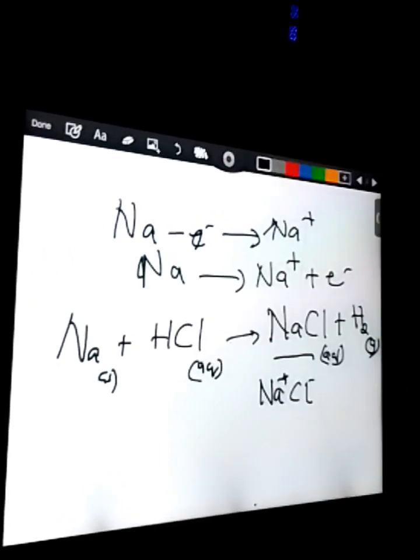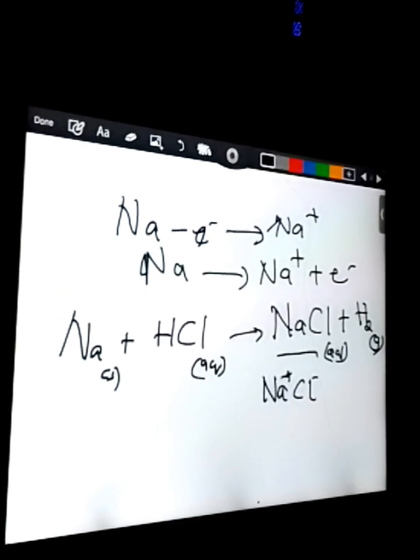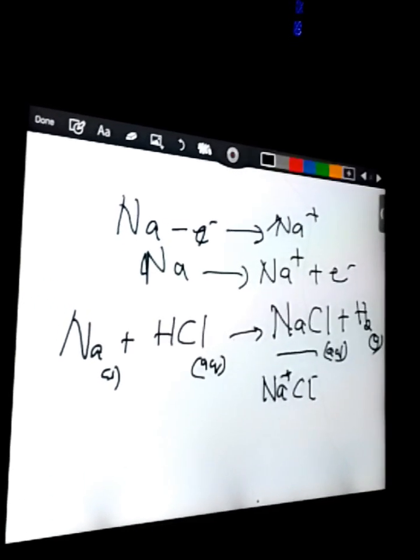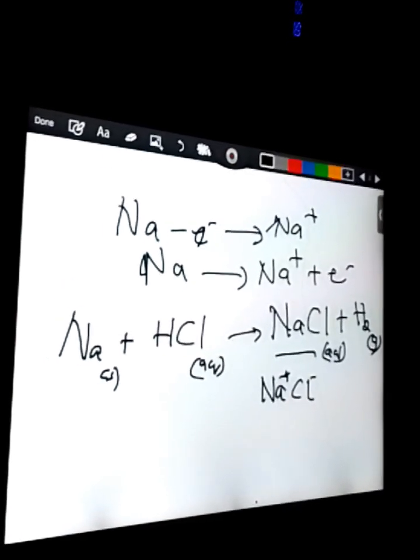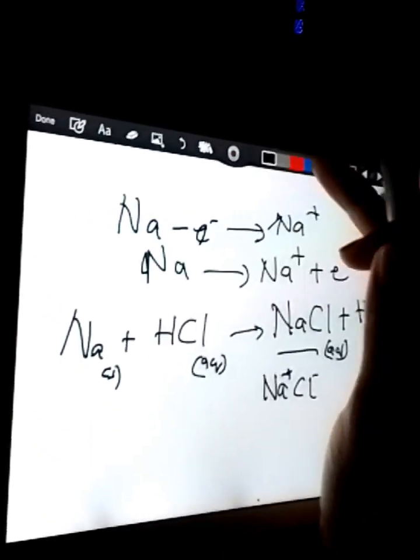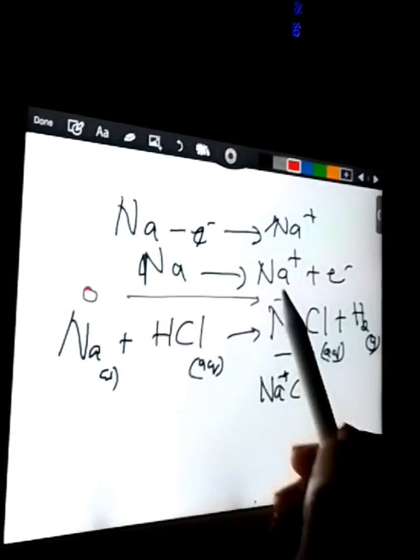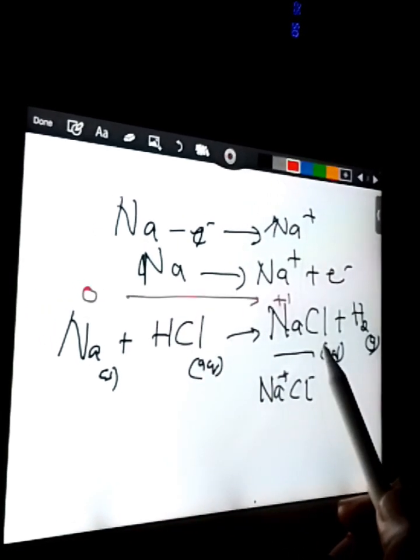In chemistry, if an atom gains an electron, it becomes negatively charged. If an atom loses an electron, it becomes positively charged. So sodium has moved from 0 to +1 in this compound.